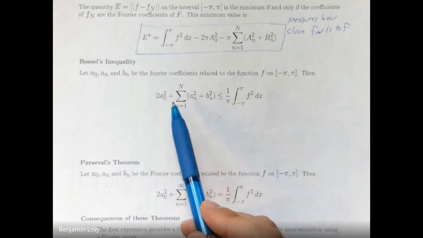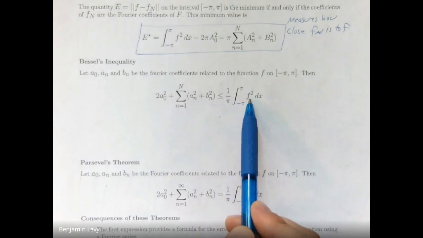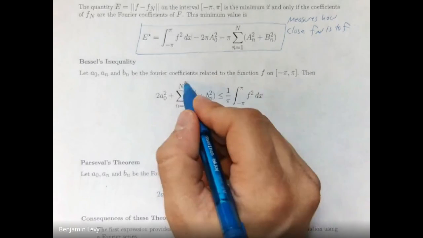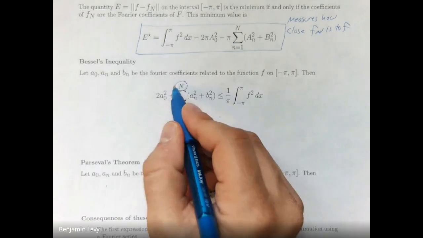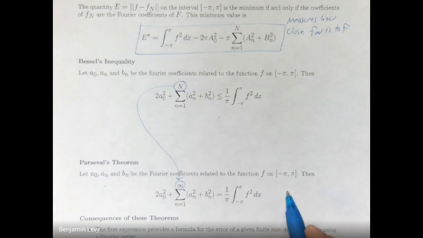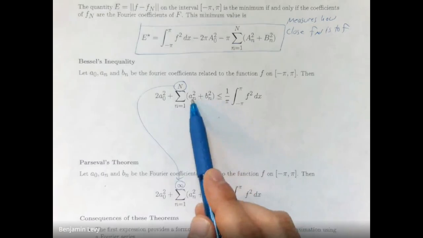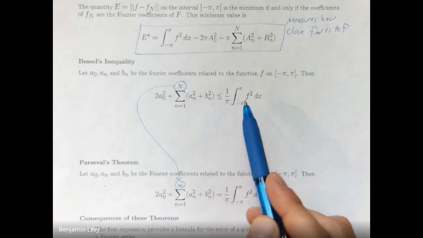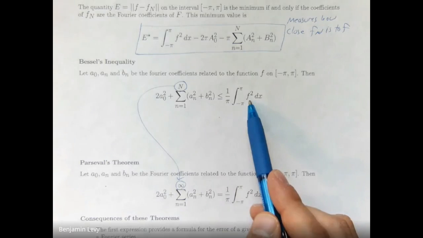So again, the terms a0, an, and bn, and the integral of f squared are in both of these expressions. And it's actually the same expression, except there are two differences. The main difference is this is a partial sum, where this one here is an infinite sum. And this one has this value on the left, which has all the Fourier coefficients being less than or equal to the integral of the function on the interval.